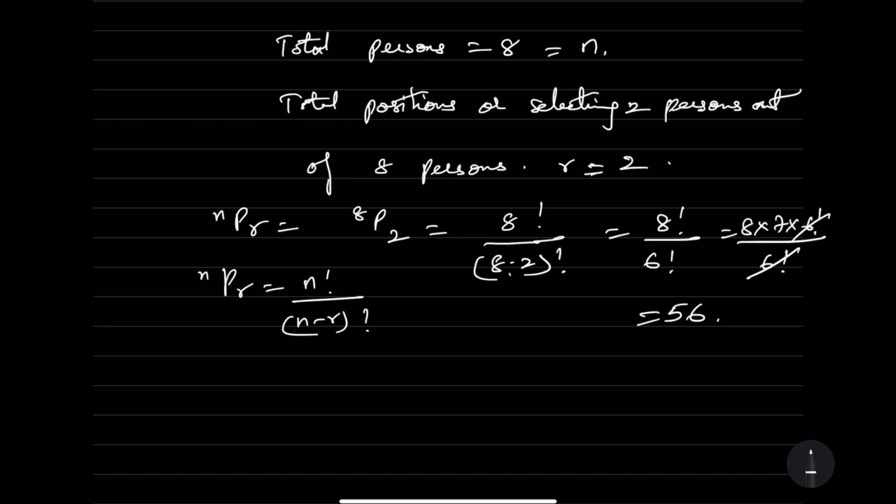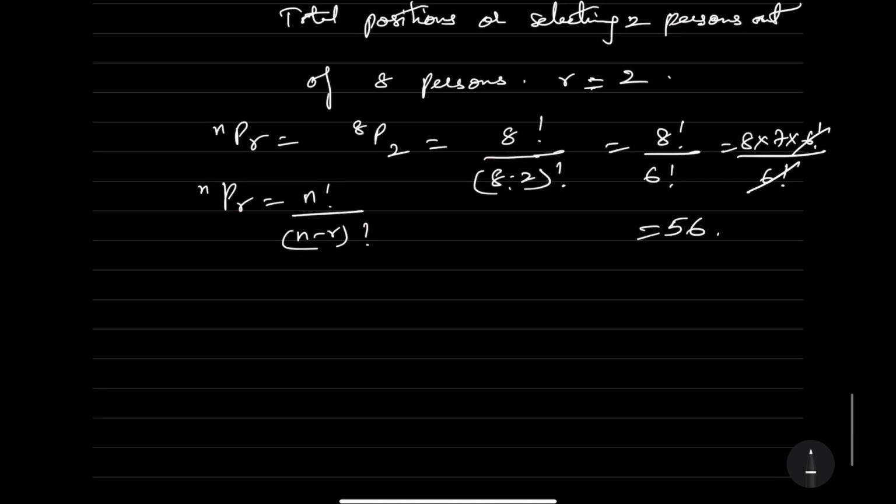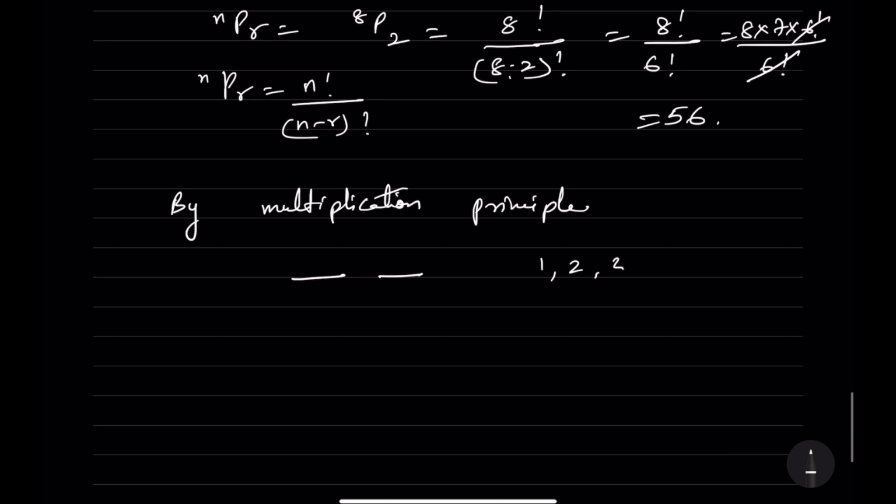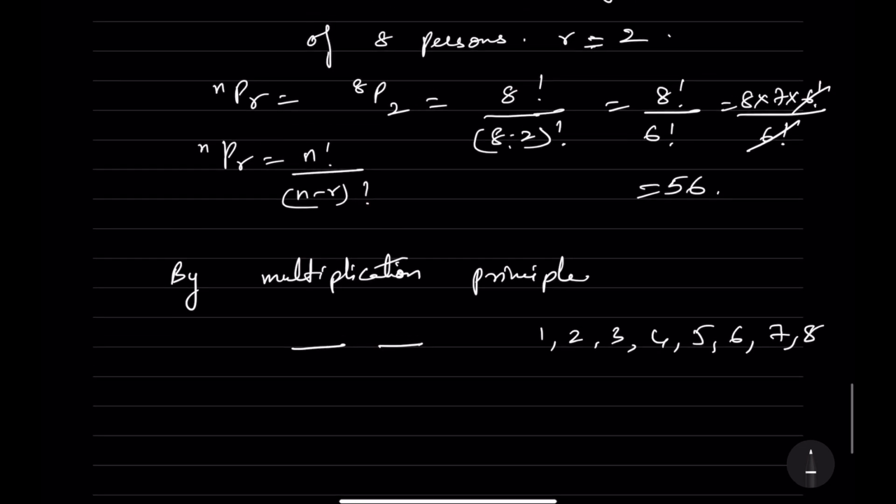You can do even this problem by multiplication principle also. How do we do this? Because we are having two positions, this is 1 and this is 2. Out of how many are you having? 1, 2, 3, 4, 5, 6, 7, 8. So the first person can be selected in how many ways?